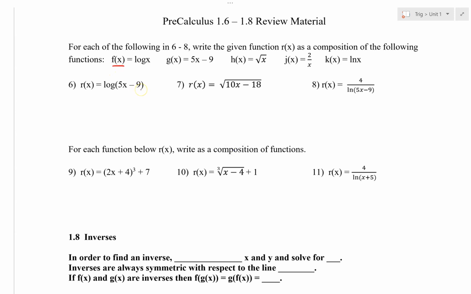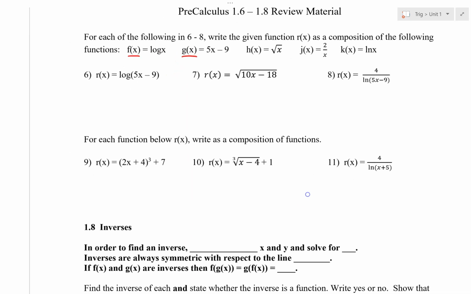And it's got a 5x minus 9. Well, it's got a g of x here. So, for this one, we would say the following. We would say then that f of x is going to equal the log of x, and g of x would equal 5x minus 9.